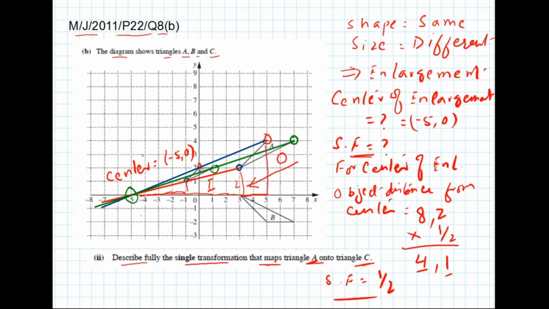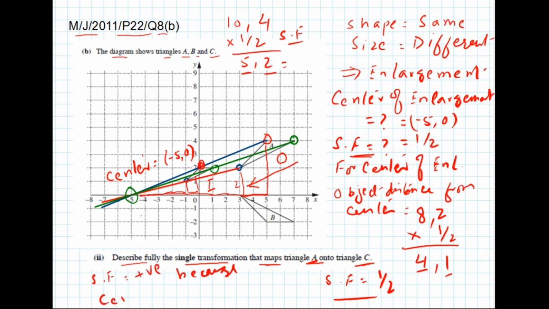Taking another set of distance of object and image to confirm the scale factor, the object distance from center of enlargement is 10, 4 and the image distance from center of enlargement is 5, 2. When we multiply the object distance from center of enlargement by 1 upon 2, then we get the image distance 5, 2 as shown. So scale factor will be 1 upon 2. It is also noted that the scale factor is positive because the center of enlargement is at one side of object and image.